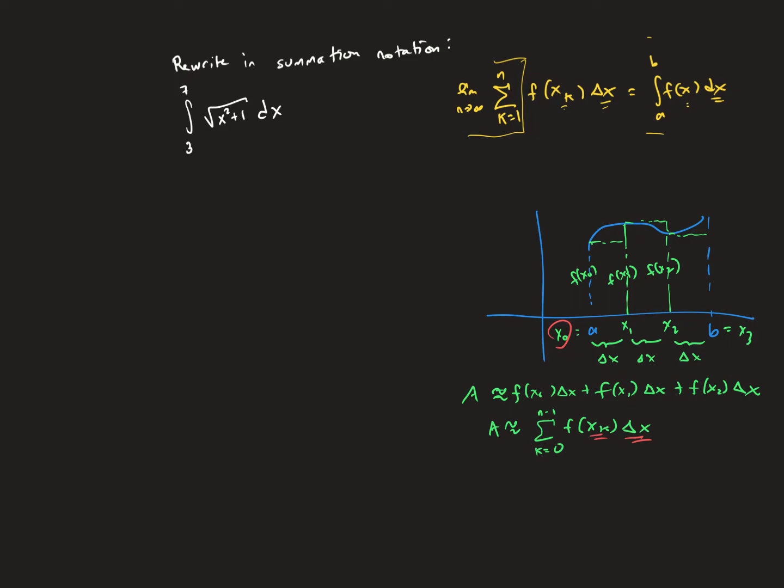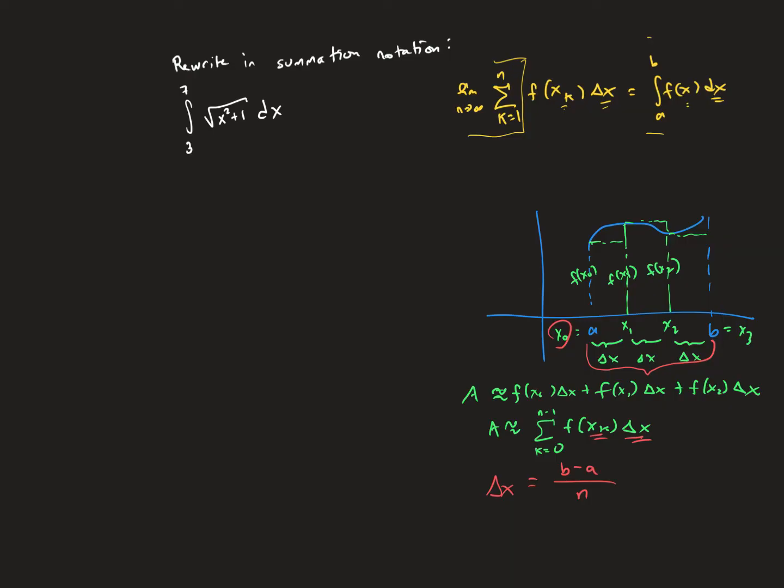So delta x, since the width of each of those intervals is equal, we can get the width of each of those intervals by taking the width of the entire interval, which is b minus a, and divide it by the number of intervals we divided it into, which is n. So delta x is the width of the interval divided by the number of subintervals.